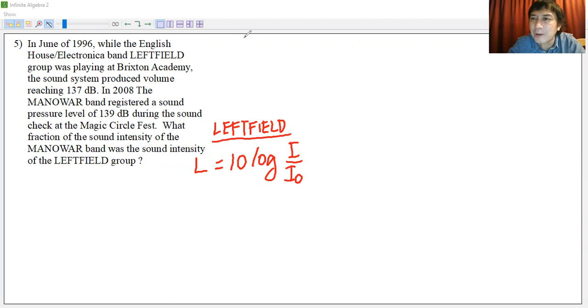So the smallest non-audible sound, which cannot be heard by the human ear, is 10 to the negative 12 watts per square meter. That's IO. And so we have here the loudness for Leftfield is 137 dB.